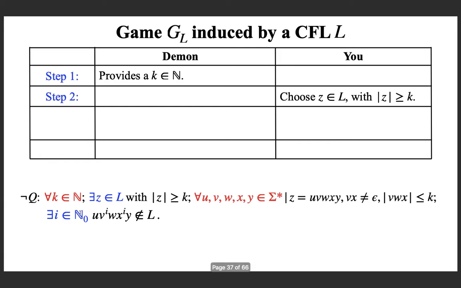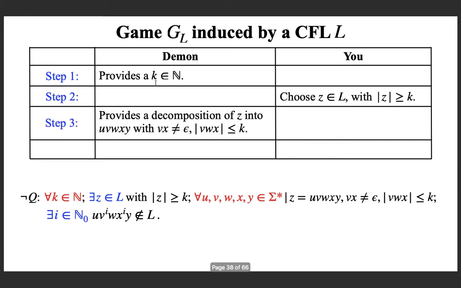Okay, then what do you do? You have to come up in step 2 with a string in the language such that the length of the string that you are deciding must be greater than or equal to the value of k provided by the demon. So what is the third step?